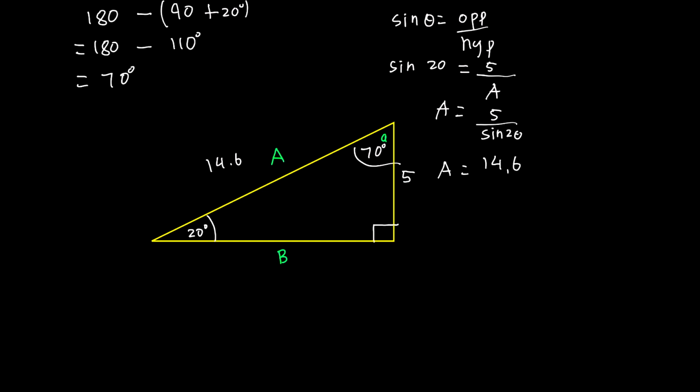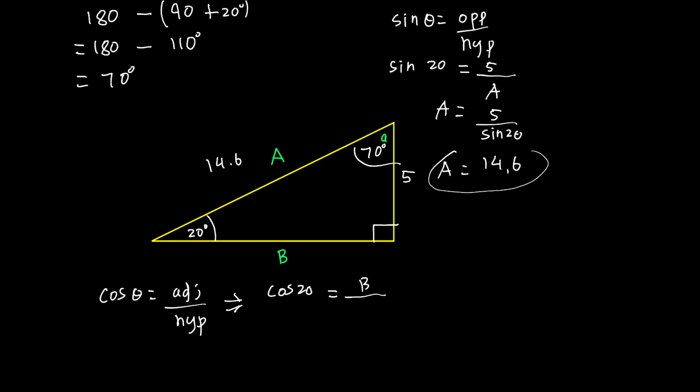Now let's find for B. So B is the adjacent side. If we're taking 20 degrees as our reference point, we'll use cosine. So cos theta is equal to adjacent over hypotenuse, and this is equal to cos 20 is equal to adjacent, which is B over hypotenuse, and we just found that it's A, and it has a value of 14.6.